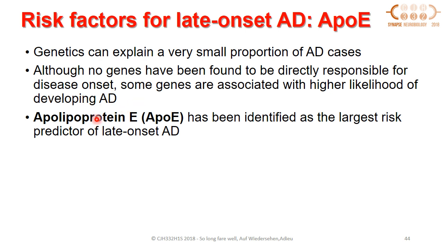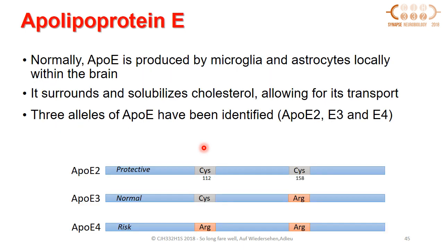Some of these different genes associated with apolipoprotein E, or ApoE, have been identified as the largest risk predictor of late onset. That means when you're over the age of 65, not the familial form, if you have one of these different variants, it's a risk predictor that you will develop late onset Alzheimer's disease. ApoE is normally formed by the microglia in the brain, as well as in the astrocytes within the brain.